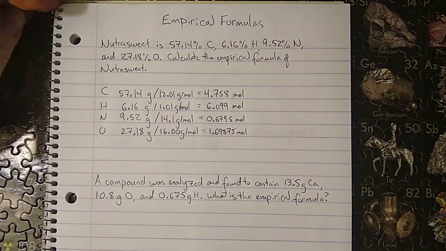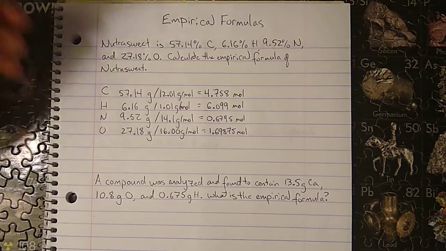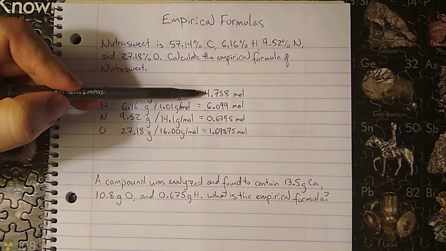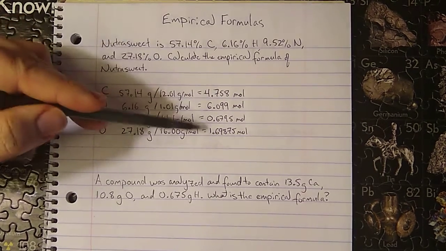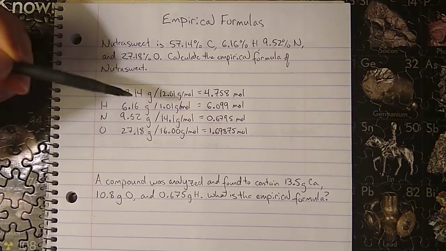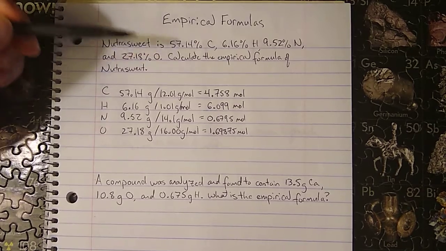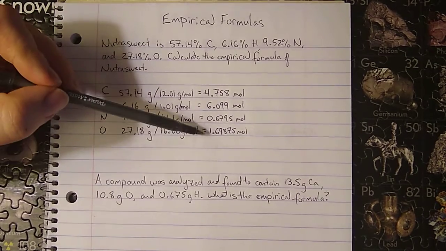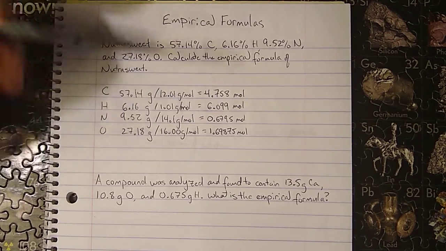So now we have a ratio for each of the elements in terms of moles. However, you might notice carbon here says it is 4.758 moles. Although we have the proper ratio, we don't have them as whole numbers. Any formula needs to have a whole number ratio. So what we have to do here is divide each of these by the smallest number, the 0.6795 moles.